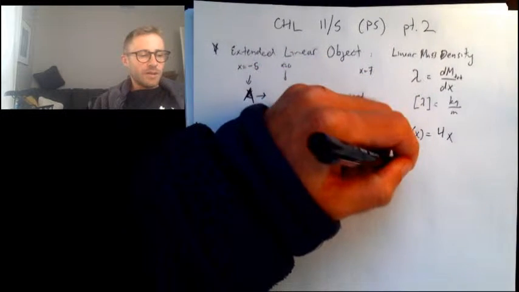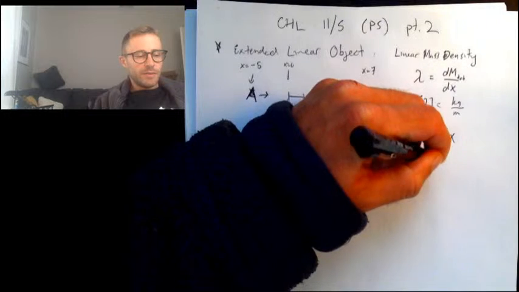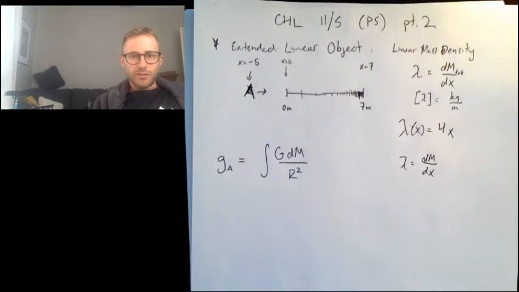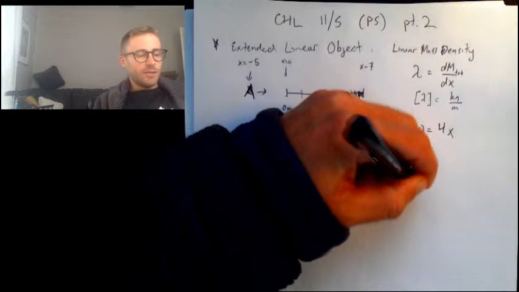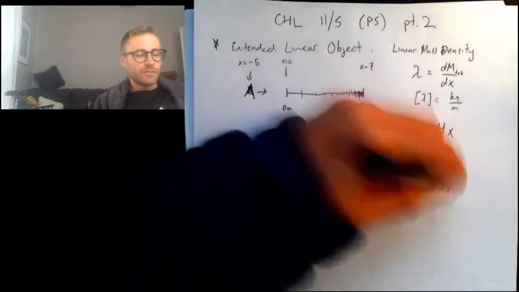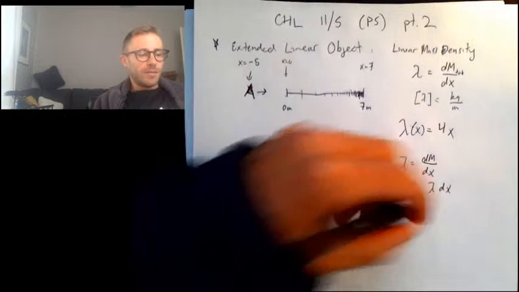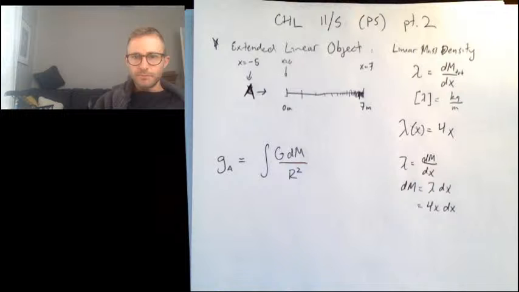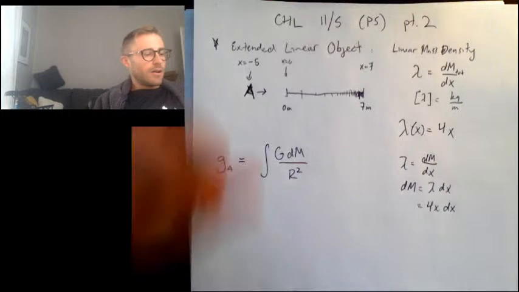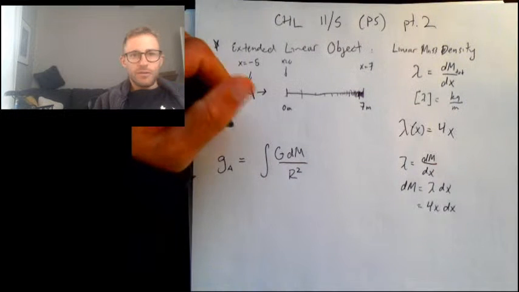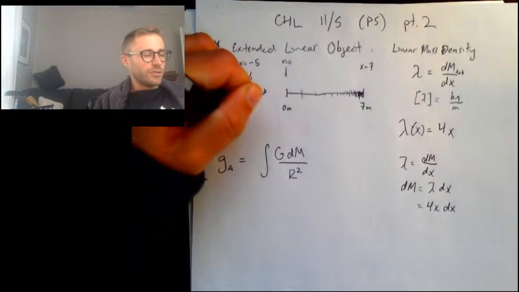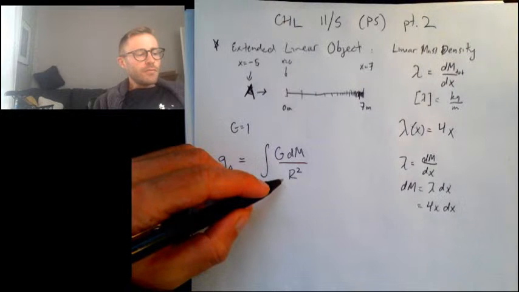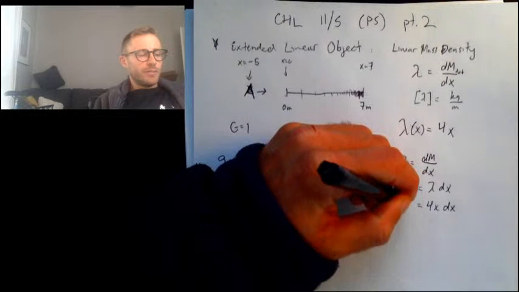If we take lambda equals dm dx, then if we multiply both sides by dx, we get dm equals lambda dx. So in this case, dm is 4x dx. Let's do this problem in a universe where big G equals 1. So this is what dm means.